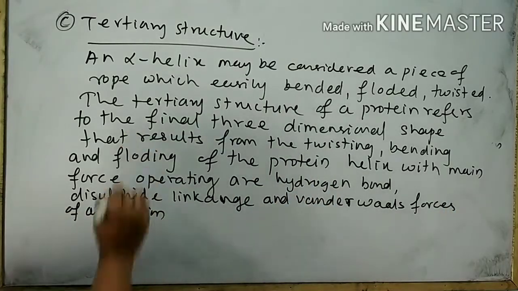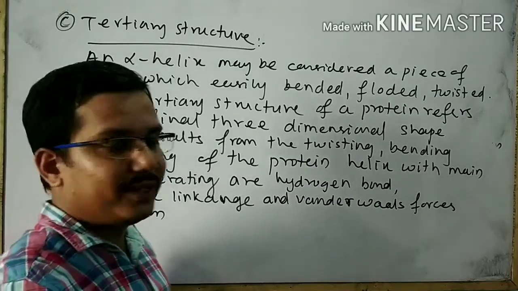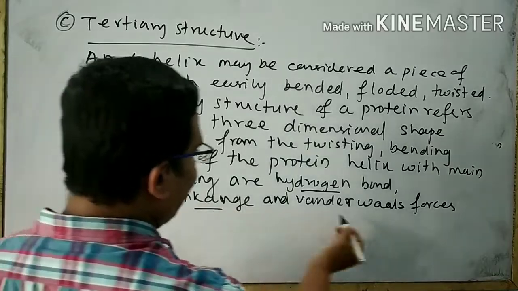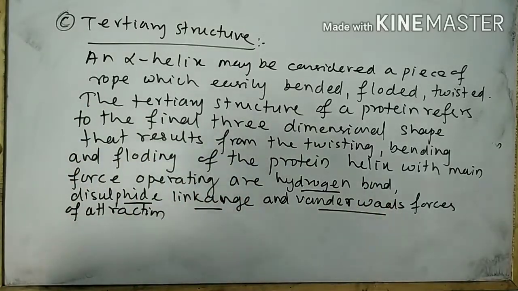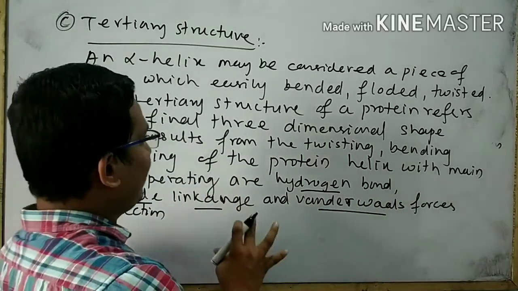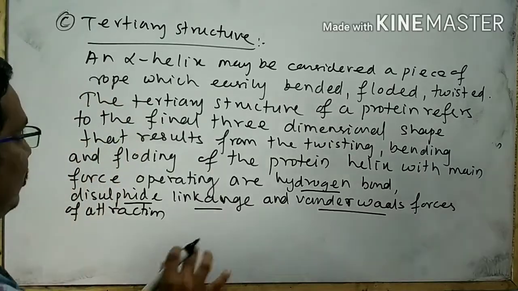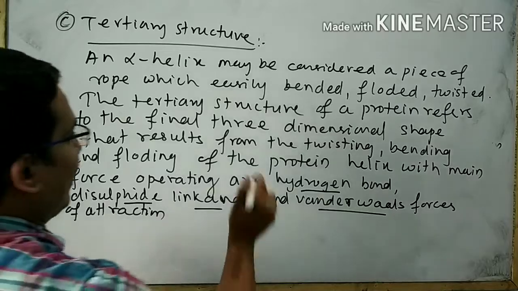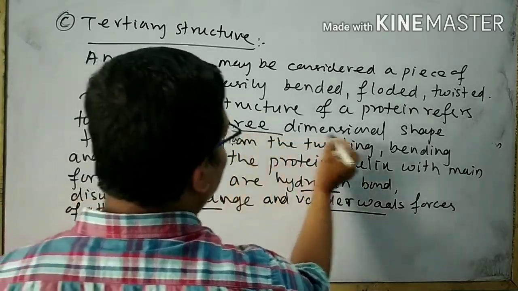That means in tertiary structure we generally think about the hydrogen bond, disulfide linkage, van der Waals forces. Basically, if you think about the tertiary structure of protein, generally we think about the twisting, bending and folding, and also the three-dimensional shape.